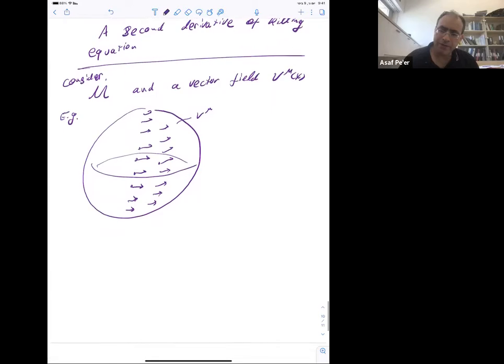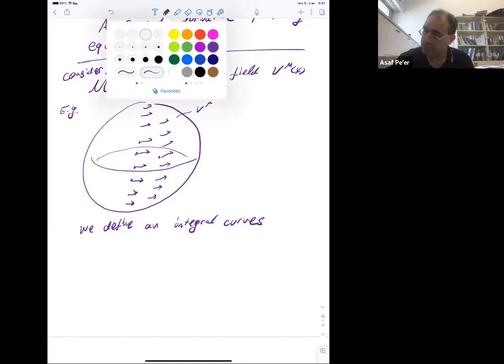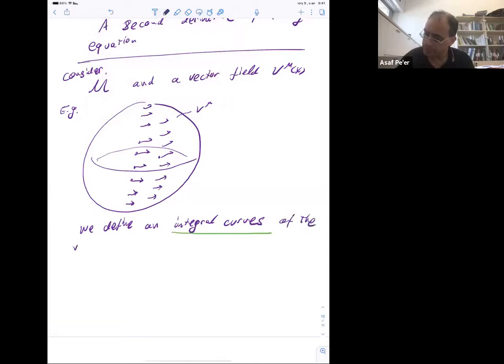Now, this vector field defines integral curves. We define the integral curves of the vector field by those curves that solve dx mu over dt equal to v mu.